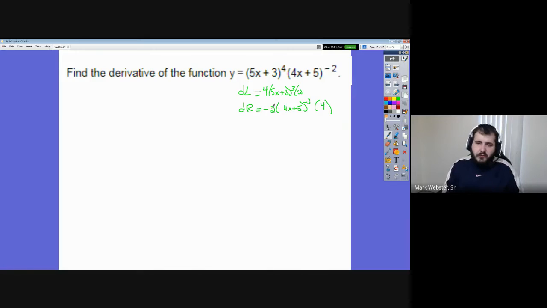So now that we've done this, we've got our left d right plus right d left. So let's write it all down here. Our y prime is left d right.